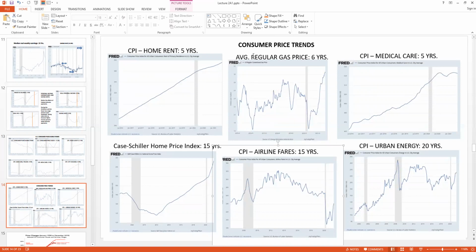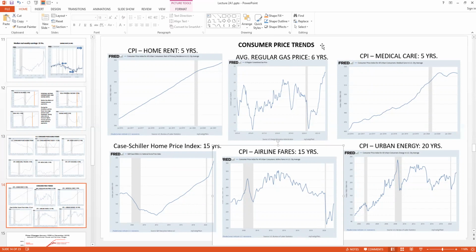The price for gasoline, I'm sure you've noticed, has gone up quite rapidly in recent months, and you can see it on this chart.